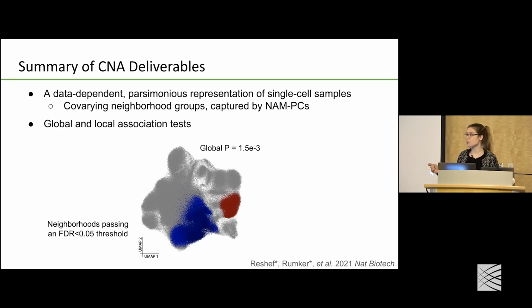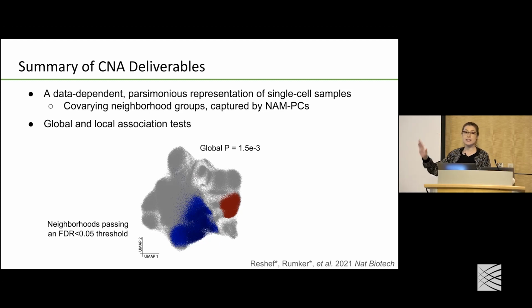To make that deliverable concrete, what I'm showing you here is a real single-cell data set. Again, you'll hear more about this one from Yakir in a second. But what you're seeing here is that in this case, there was a significant global association. And then when we look at the UMAP to look at our local associations, each dot corresponds to a cell, and each cell is colored according to the correlation from its corresponding anchored neighborhood.